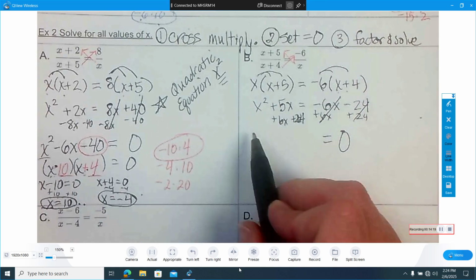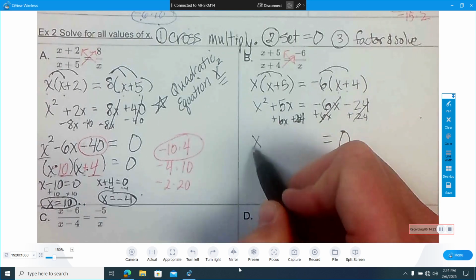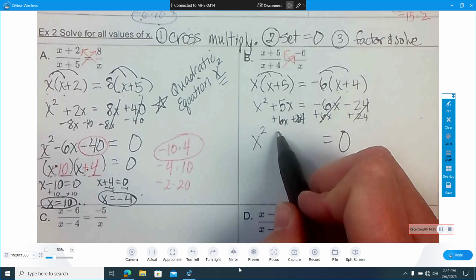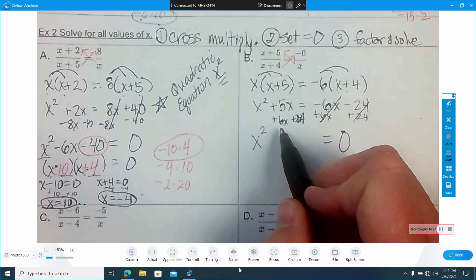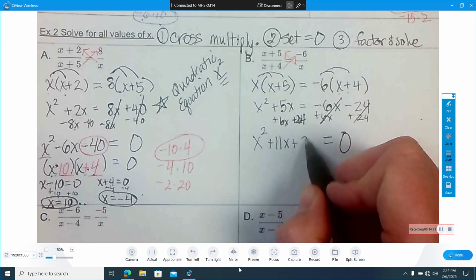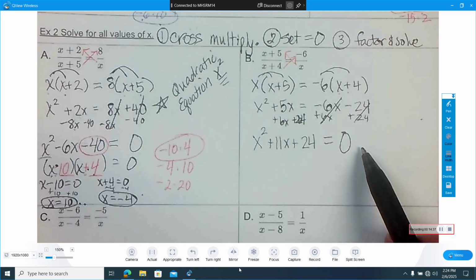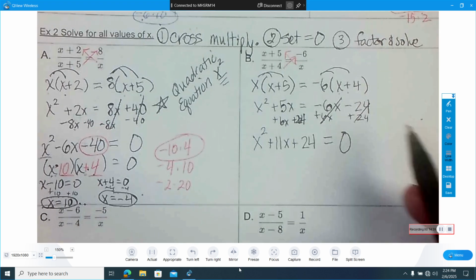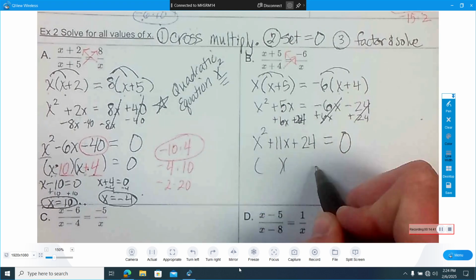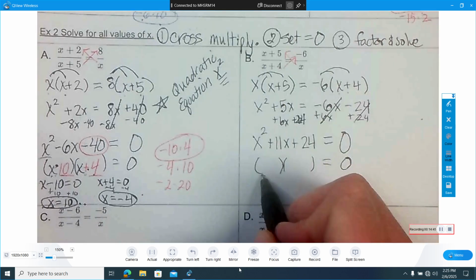And what do we have on the left now? x squared plus 11x and a positive 24. Now that we're set equal to 0, what are we going to do? Double bubble. It's much more fun to say than factor.